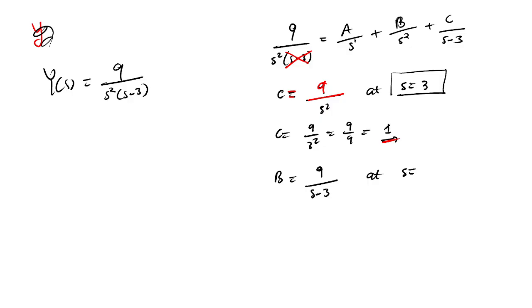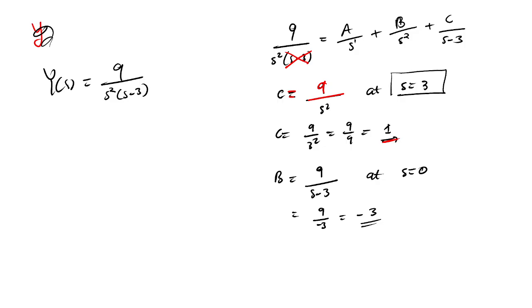We'll take both roots, it's fine, don't worry. 0. And then 9 all over minus 3, which gives us negative 3. So you can see now we have the value of C, we have the value of B.